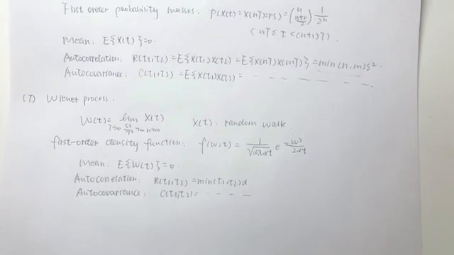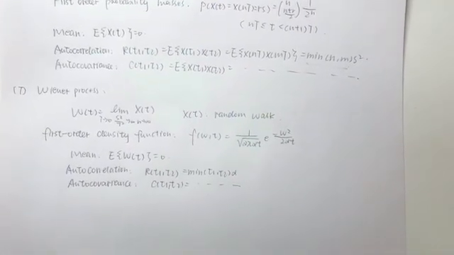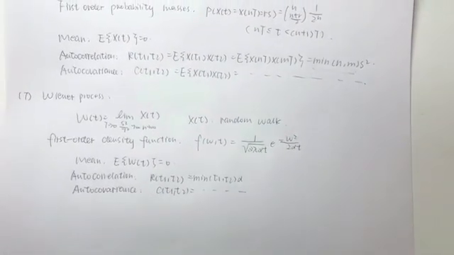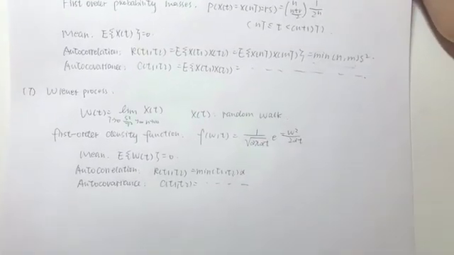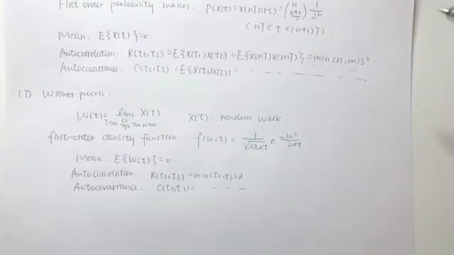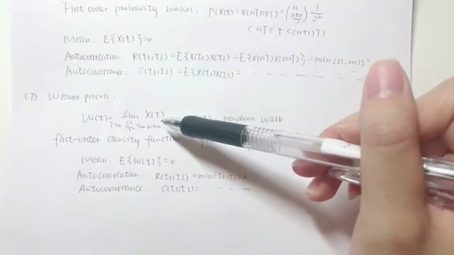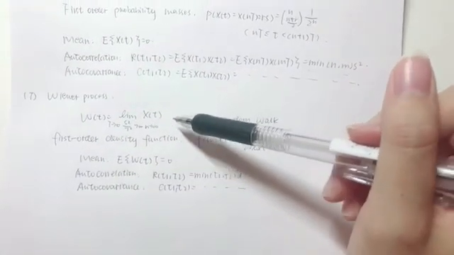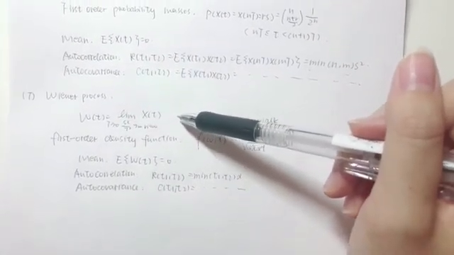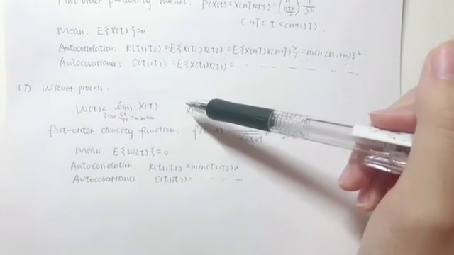Now let's come to the Wiener process. The Wiener process is the limit of x of t, that is, the limit of the random walk.